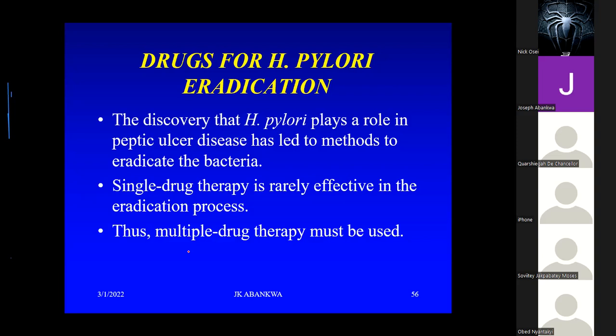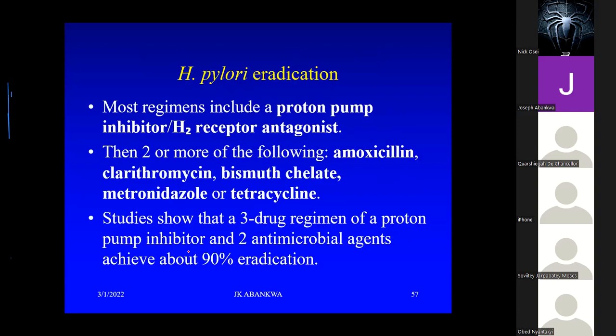Hence, normally we use multiple drug therapy. Most regimens include a proton pump inhibitor or H2 receptor antagonist, followed by two or more of the following: amoxicillin, clarithromycin, bismuth chelate, metronidazole, or tetracycline. These are all antibiotics, okay?